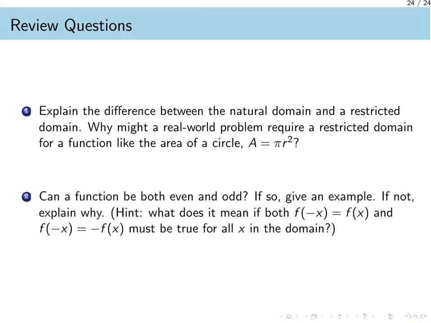Mathematically, the input r could be any real number, since any number can be squared. But because r represents a physical radius, which cannot be negative, we must restrict its domain to only positive values. The essential idea is that the context of a problem determines whether the full natural domain is appropriate, or if a more limited, restricted domain is necessary.